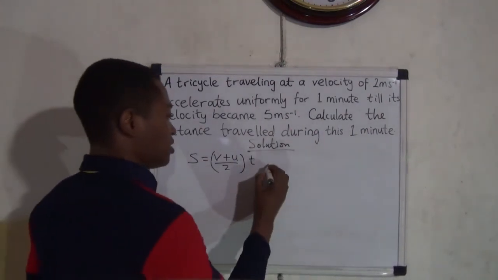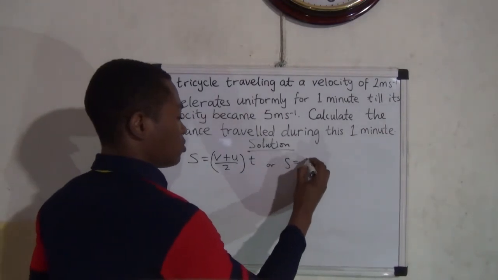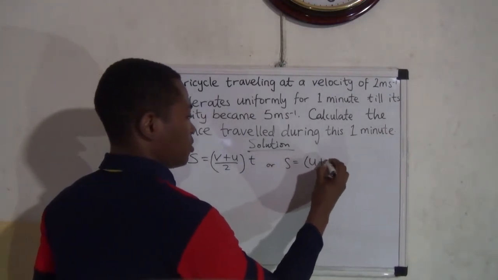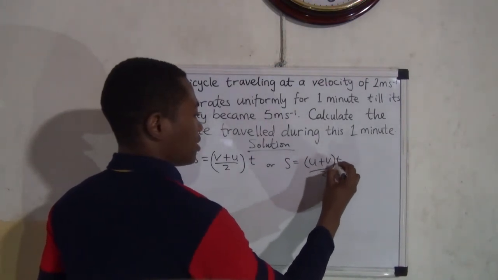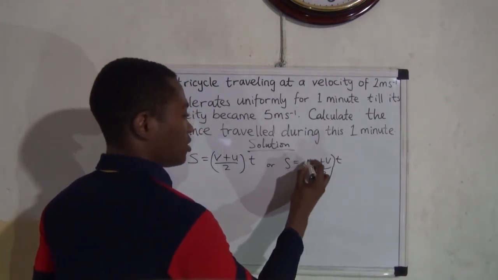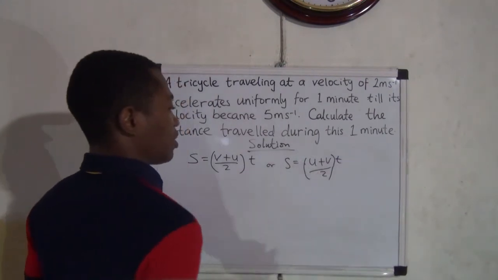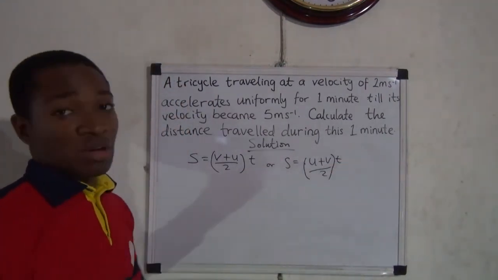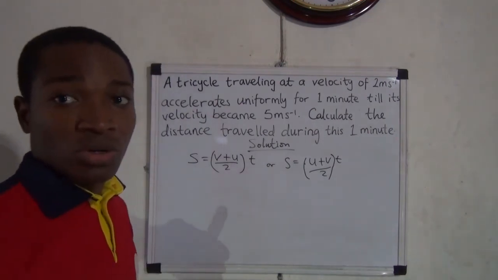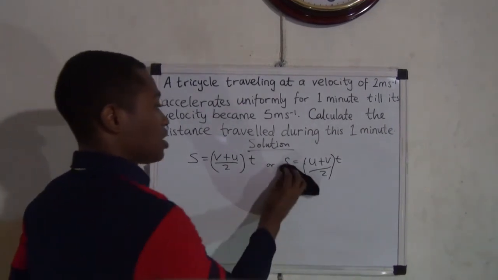And some people write it as s is equal to initial velocity plus final velocity divided by 2, multiplied by time. Whichever way you write it, you are correct. You are just finding the average value of the final and the initial velocity and you multiply it by time.